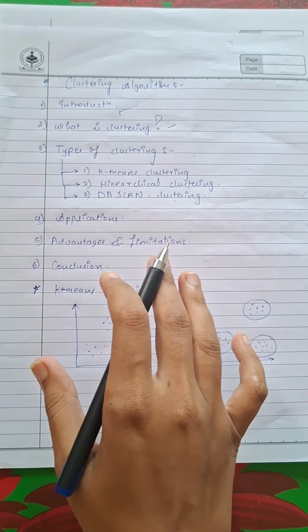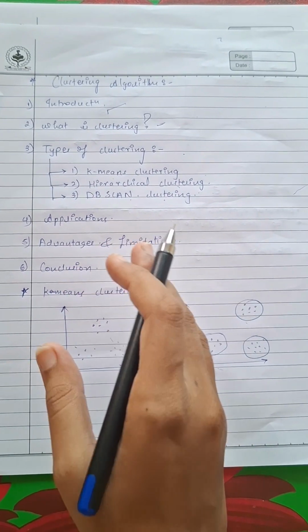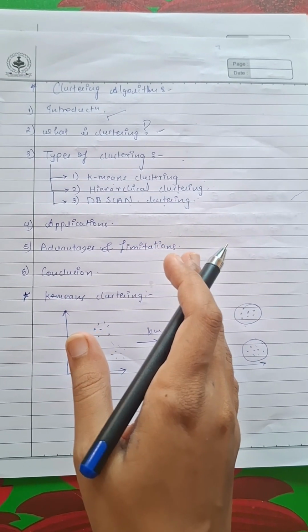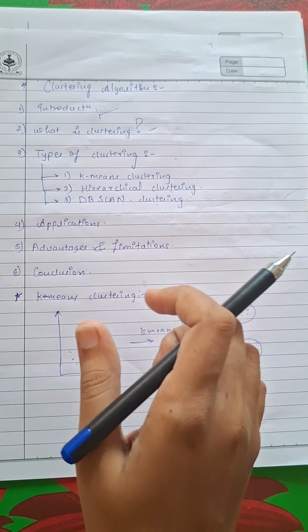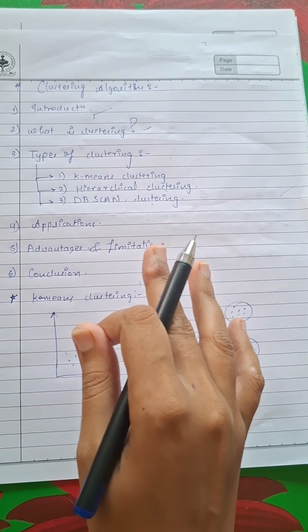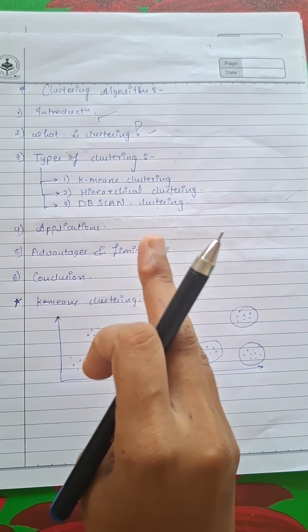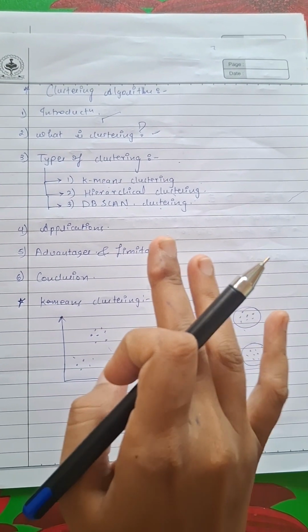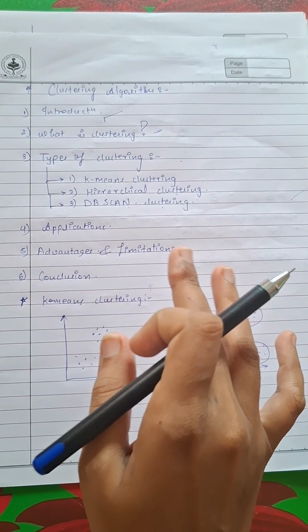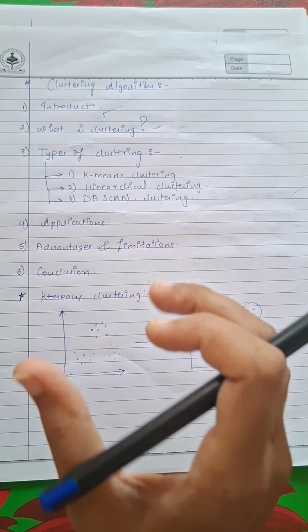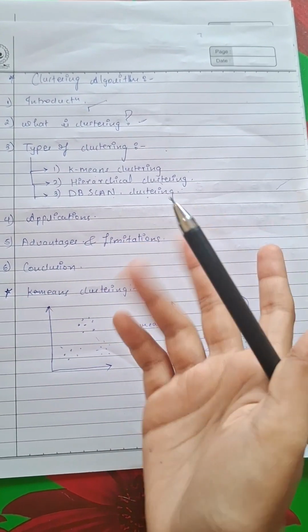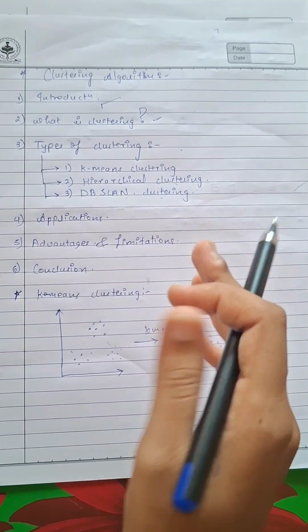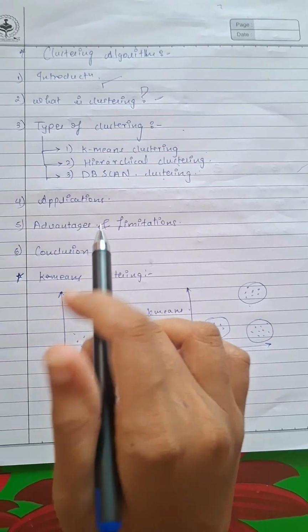So these were the steps for the k-means clustering algorithm. Let's see an example. A supermarket segments customers into three clusters: low spenders, medium spenders, and premium customers. K-means helps group them based on their total purchases and visit frequency. So this was an example of k-means.